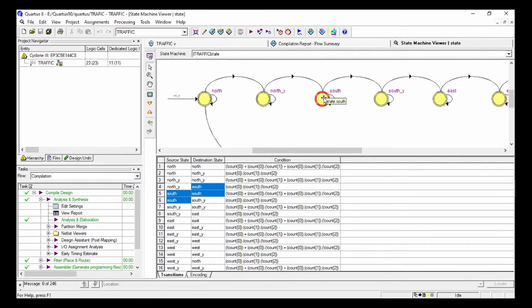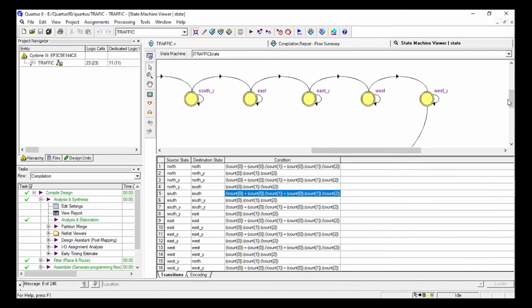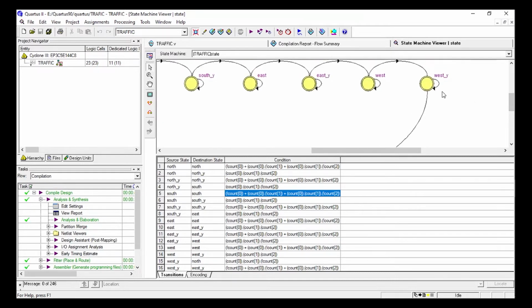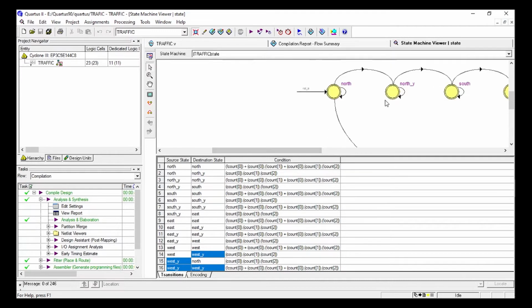Again the south state changes to south y when the 8-second delay is completed by 0 to 7, and until the 0 to 7 count is completed, the state will remain in the south state. In this way the 8 states will be counted in our counter, and from the last state, west y, we again go to the north state, and this completes the state machine.